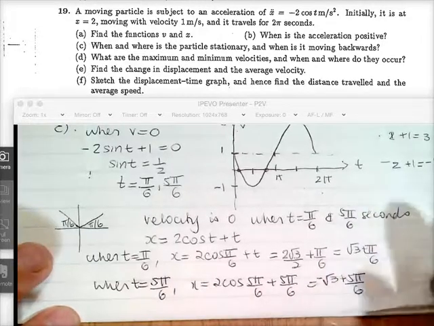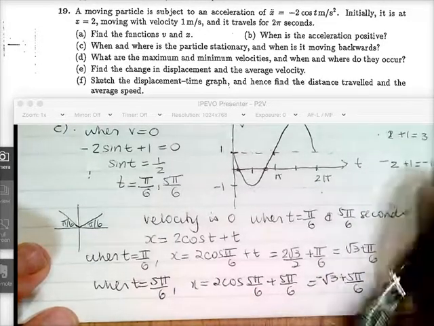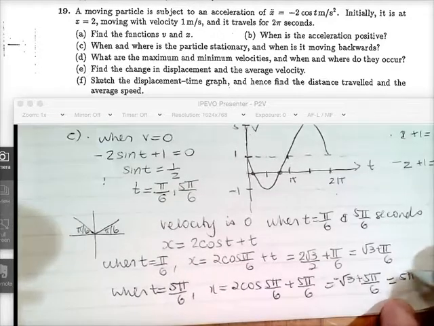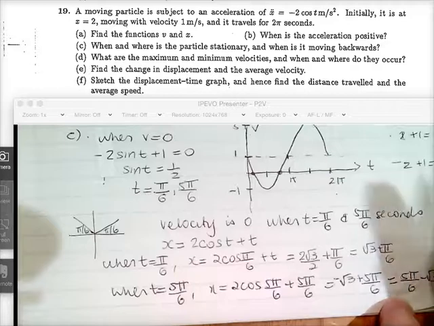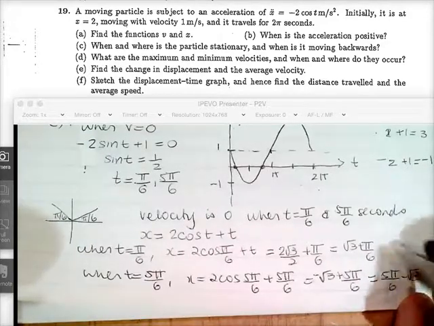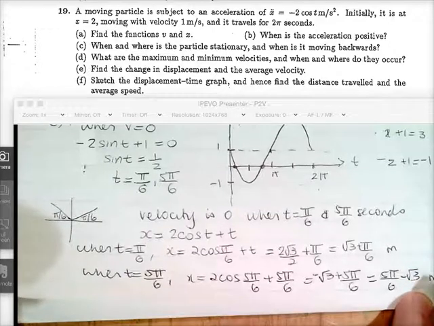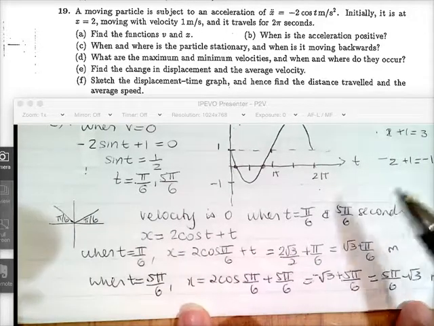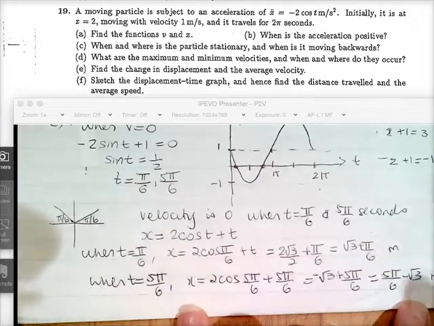Now that's the position of the particle. And it is better to write that as 5 pi on 6 minus root 3 because you may not see that negative at the front. So that's the position. I think it's meters. By the looks of things, it is. So that is when and where the particle is stationary. We've got the when and we've got the where.